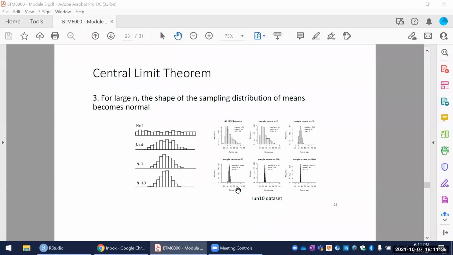Thirdly, and this is another mainstay of the central limit theorem, for a large n, the shape of the sampling distribution of means becomes normal. This means that the larger your sample size and the more samples you have drawn, the more likely the distribution of all your means takes the shape of a normal distribution, as you can see here.